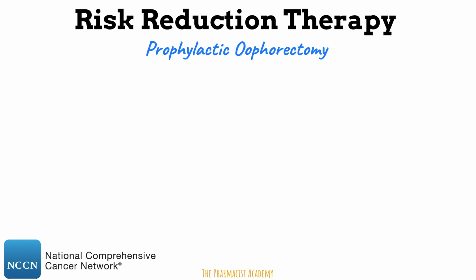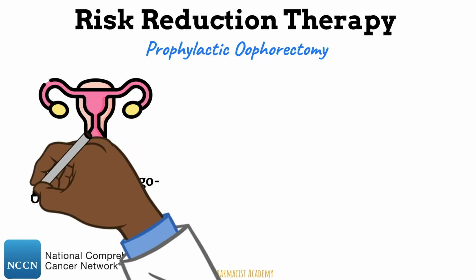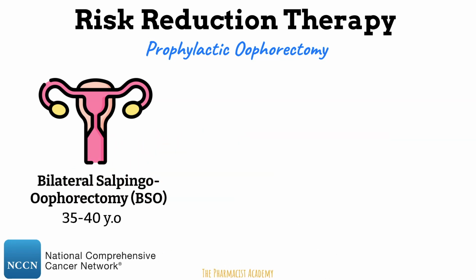And one of the main takeaways from that was an increase in the exposure and duration of the estrogen and progesterone increases the risk of breast cancer. So in order to reduce the exposure and duration, we can remove the number one production source of these hormones, the ovaries. The NCCN guideline specifically recommends a bilateral salpingo-oophorectomy, which refers to removal of both ovaries and the fallopian tubes.